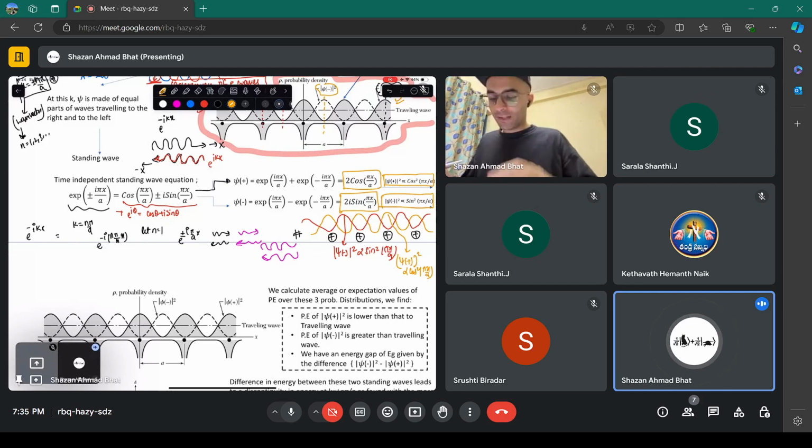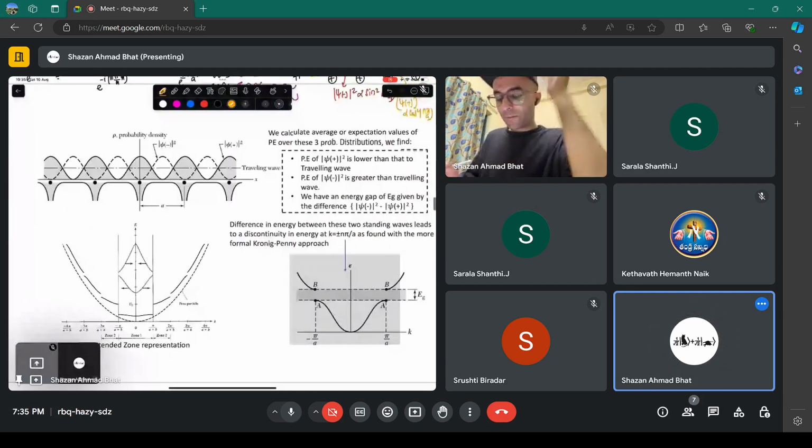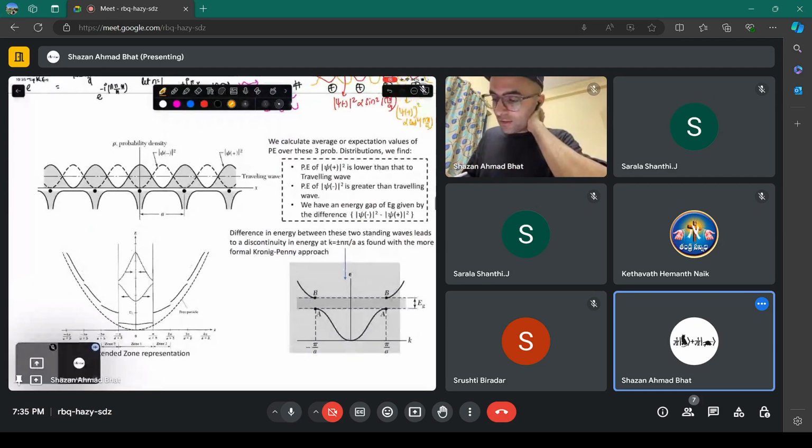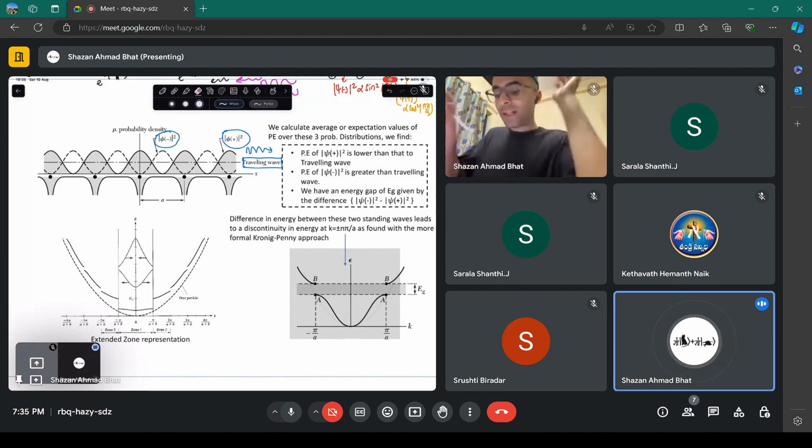Now what happens after this? You calculate the overall average value of the three probability distributions. Why are there three probability distributions? Because earlier there was a traveling wave of the electron going in this direction. These particular distributions arise because of multiple reflections.